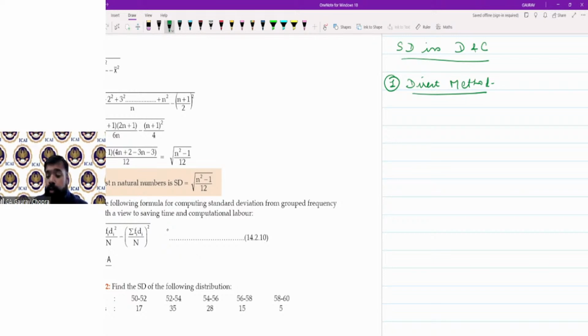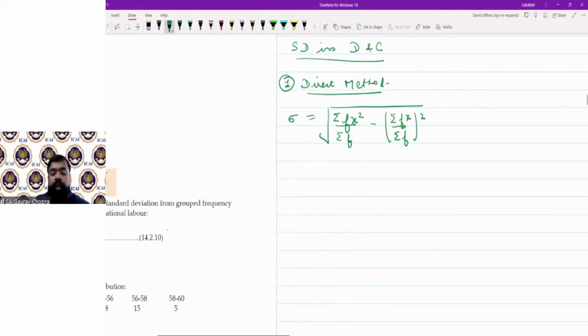Okay. Now, direct method we are writing, it will be root of sigma f into x square upon sigma f minus sigma fx upon sigma f whole square. This is the formula for direct method.